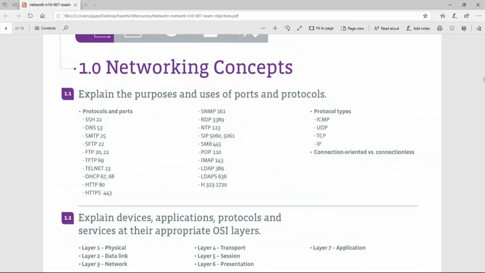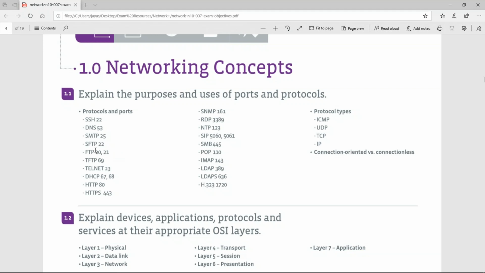It gives you a better idea of not only the information that's under here, but the depth that you need to go into the concepts, right? So for instance, for these protocols here, it's about explaining the purpose and use of them. If you know what each of these are for or what they do, that should be enough.